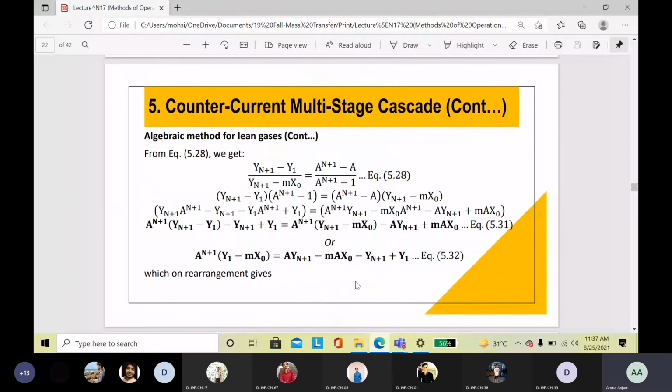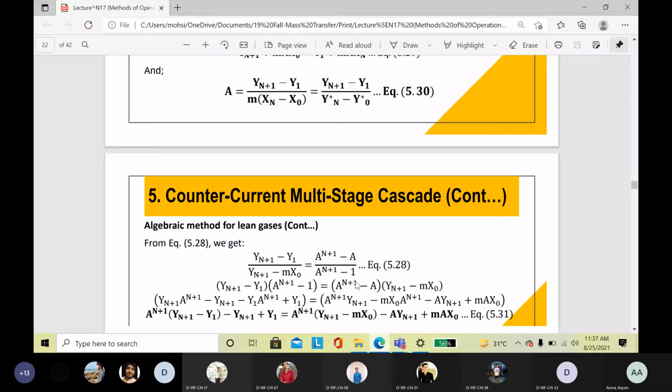From equation 5.28 we can write this equation. When we do it, we get this.